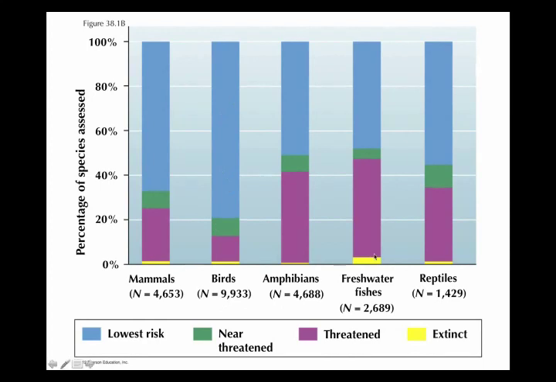But percentage-wise, fish are really in trouble, and the amount of extinctions in fish has been a pretty high percentage of all the ones they're looking at. And that's because water is being disturbed in more extreme ways than land sometimes. That obviously would lead to fish extinction and decline of populations.